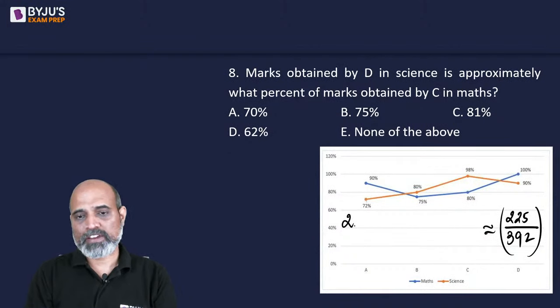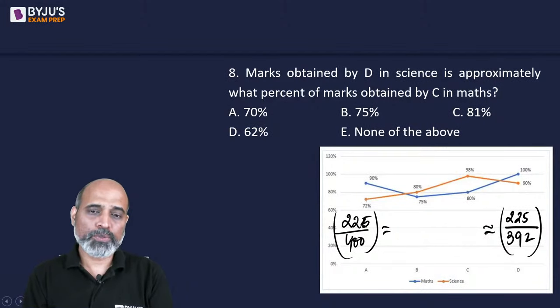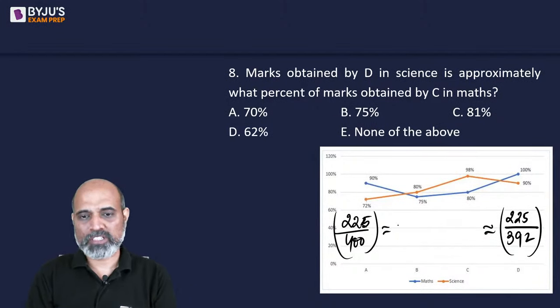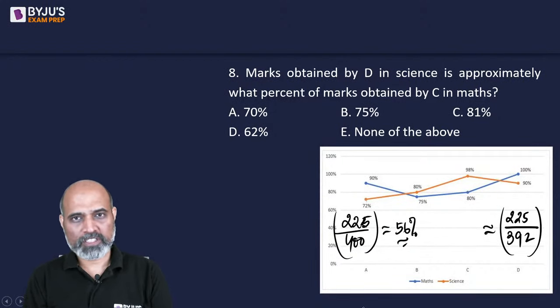So if I keep this as 225, and make this 400, simplifying 392 to the nearest value, this is going to be 225 by 4. 225 by 4 is going to be approximately 56%, right? 56 होगा करीब करीब.